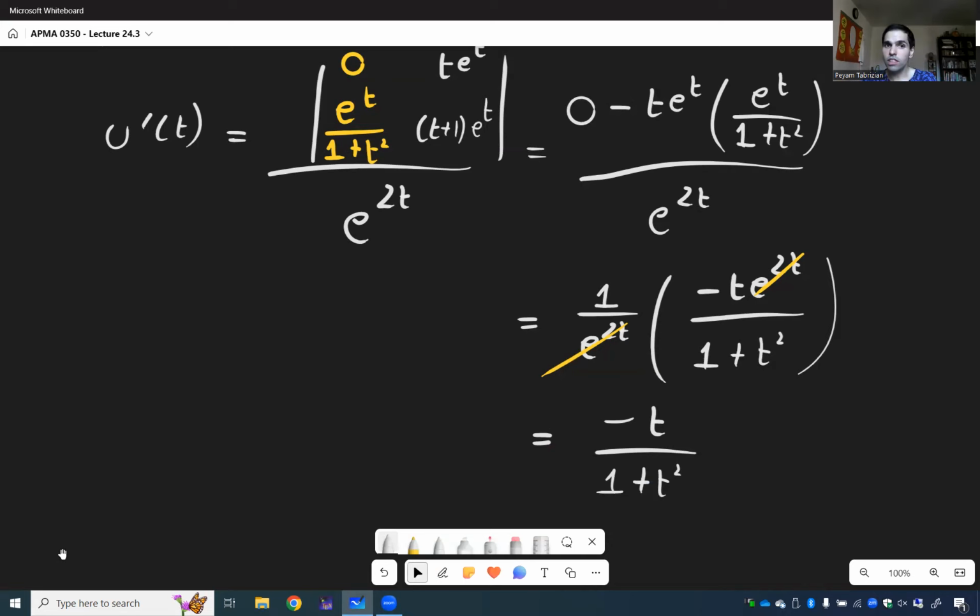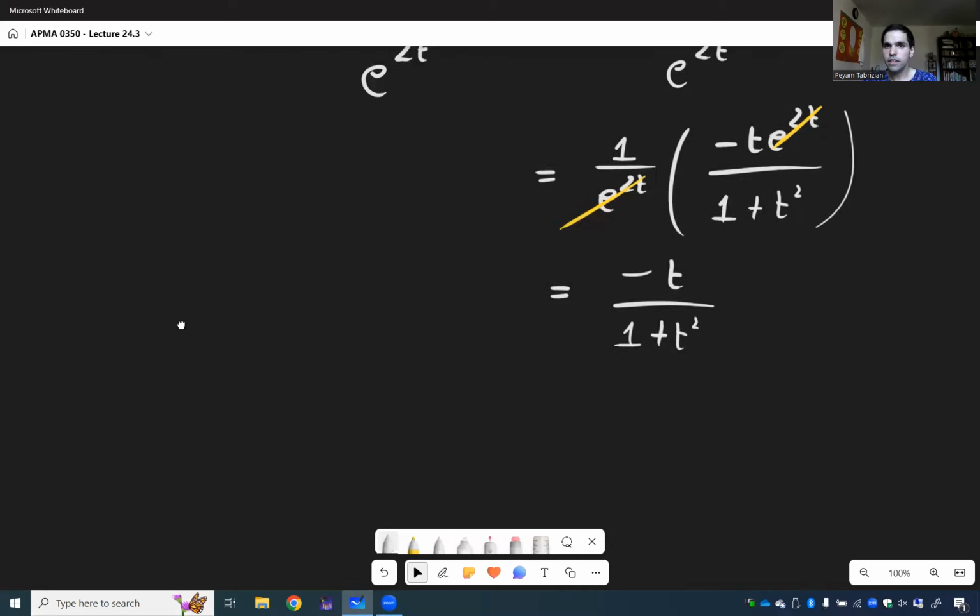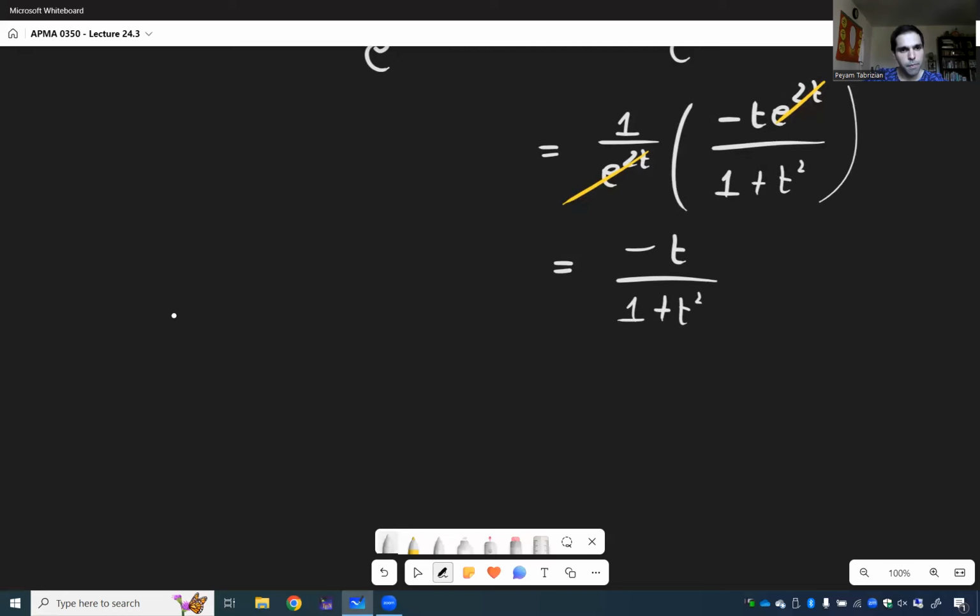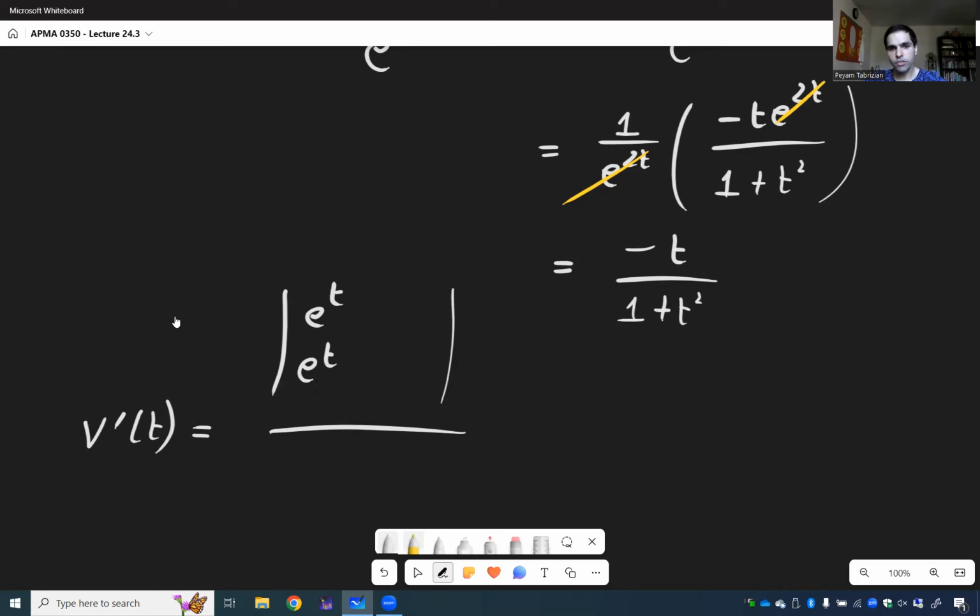But now let's deal with v prime. And same thing, except you replace the second column now by the inhomogeneous term. So e to the t, 0, e to the t, e to the t over 1 plus t squared, and then the same denominator.